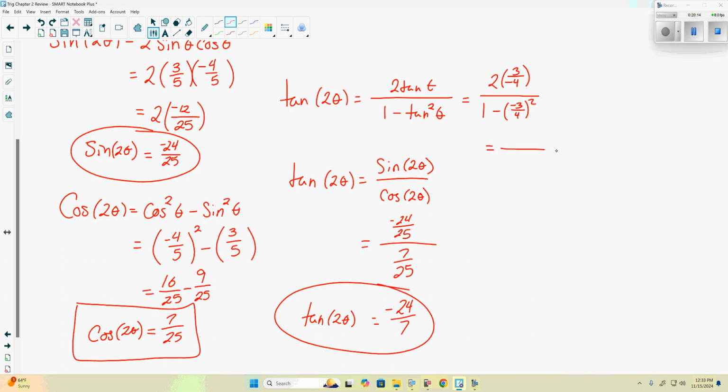Because if we did the formula, the numerator is going to be negative 3 halves. Denominator is going to be 1 minus 9/16. We'd have negative 3 halves over 7/16. 7 on bottom, negative 24 on top. We get to the exact same place. It's just picking which one we want to use.